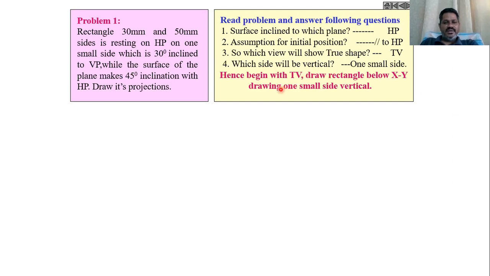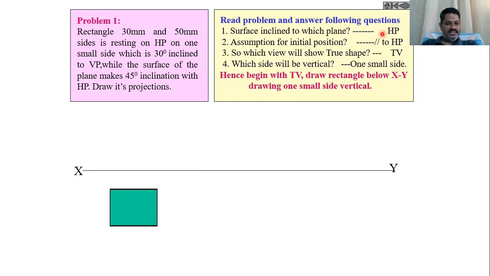Now begin our problem by drawing the top view below the XY line, because the true shape will be the top view when the plane is parallel to HP. So we need to start by drawing the true shape, which in this case is a rectangle, and draw the XY line.